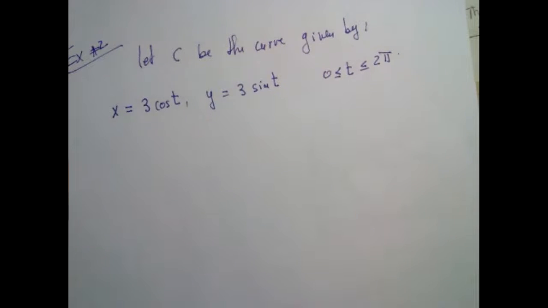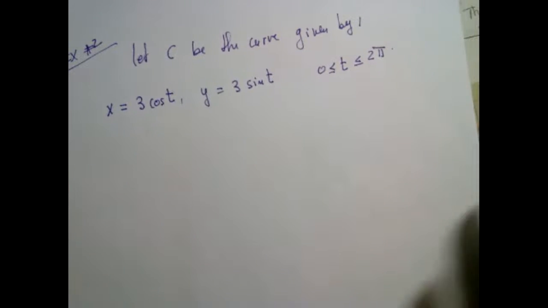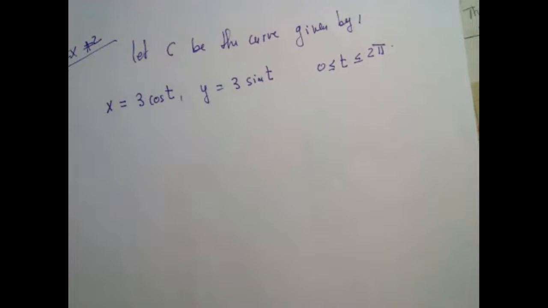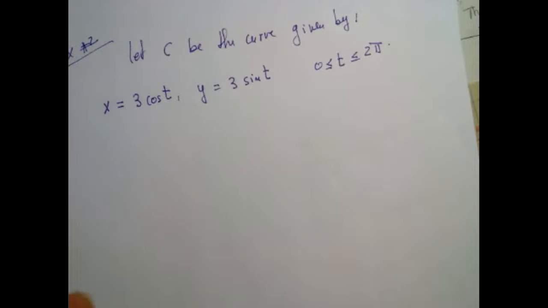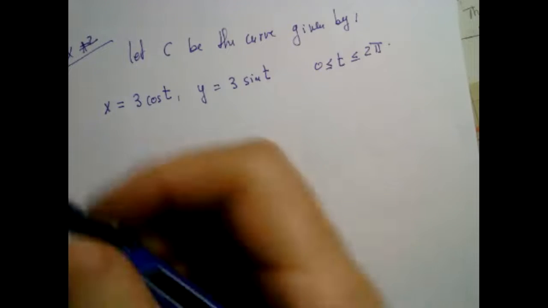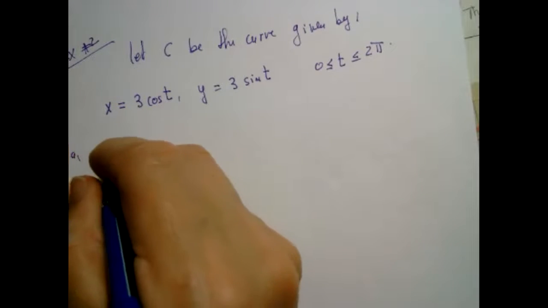The question is like before: sketch the curve by plotting points. And the second is, after we plot points and do everything, what type of curve are we getting?